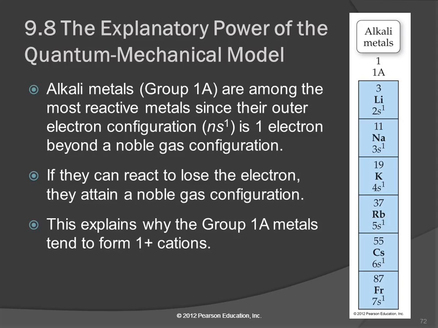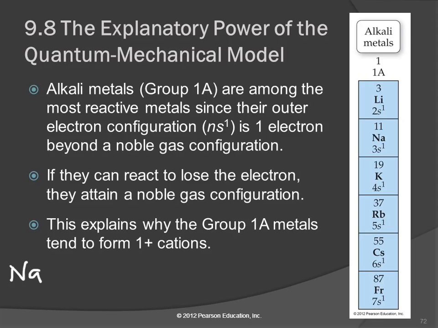So if we look over here at the alkali metals, they have 1 valence electron. They are very, very reactive because what happens if they lose the 1 valence electron? They become like a noble gas. Let's do an example. Let's look at sodium.